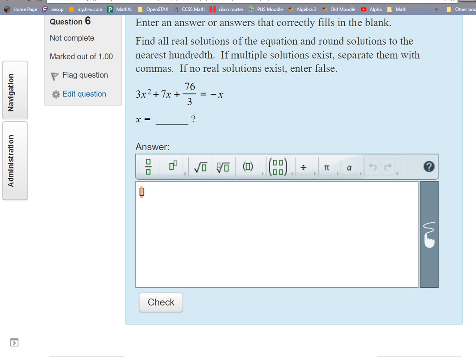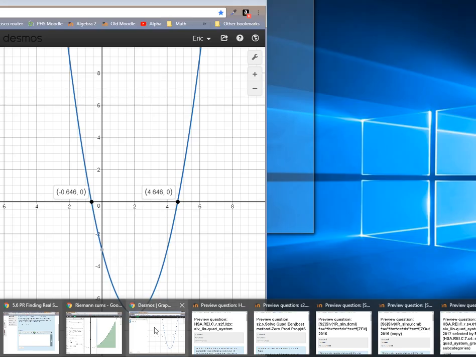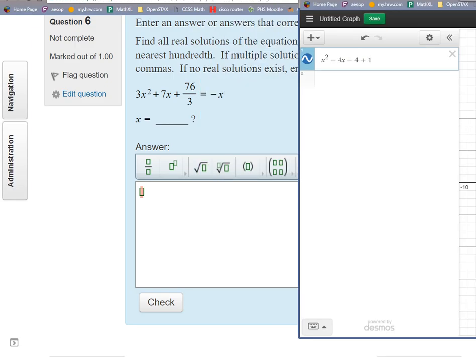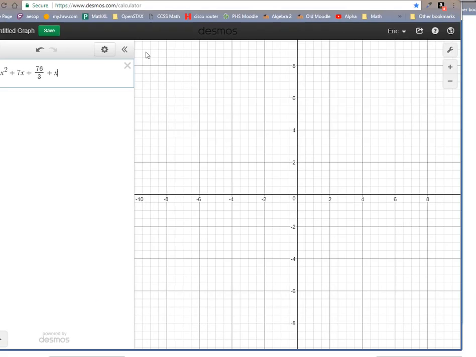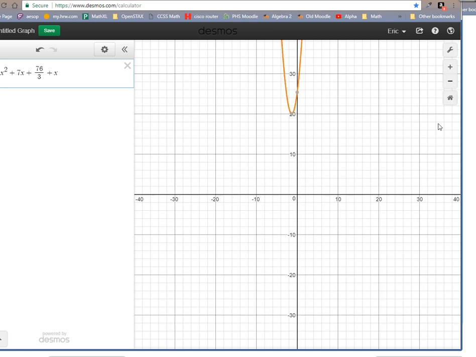So in Moodle, all I'd have to do is just change this to 3x squared plus 7x plus 76 thirds plus x, right? So there's my parabola. Now I just have to go find the x-intercepts. So if I zoom out, are there any?